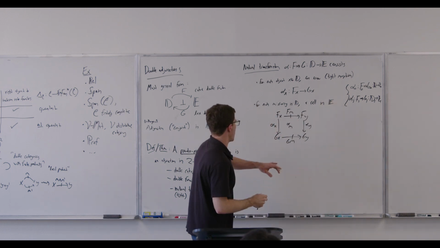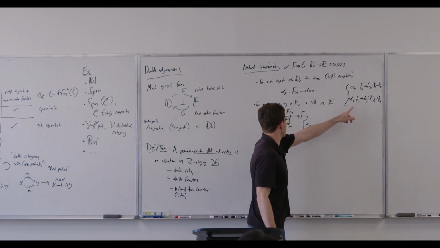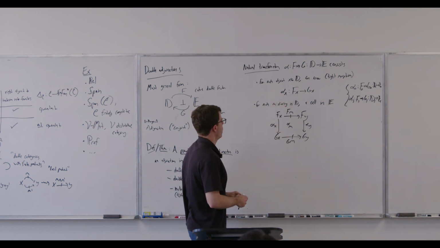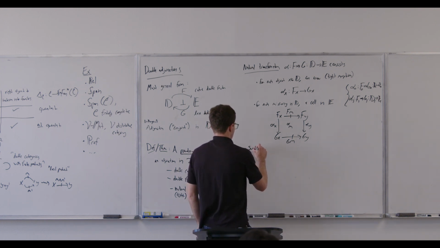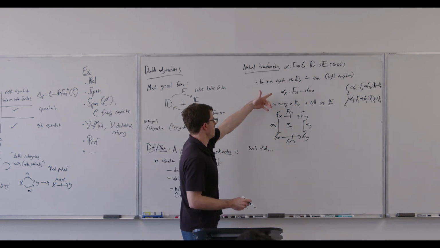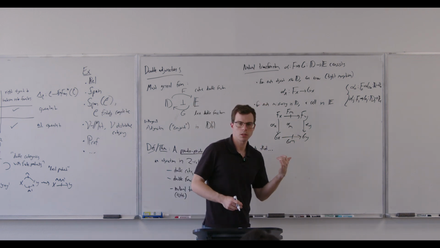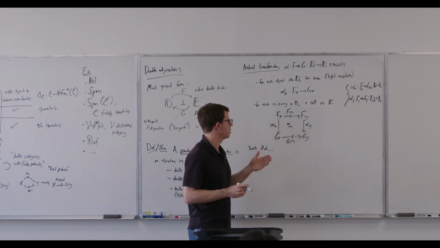And then these are compatible in a certain way: the source and target of these component cells are the component arrows from my first one. That's the data, and I've hinted at what some of the axioms are. These need to be natural in the vertical direction, and then finally they need to be coherent with respect to the external or horizontal composition.